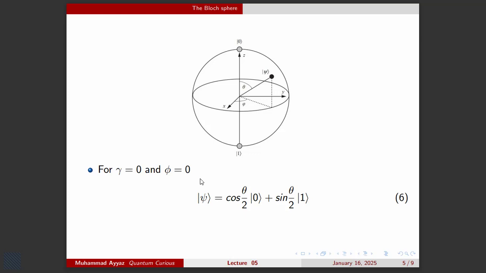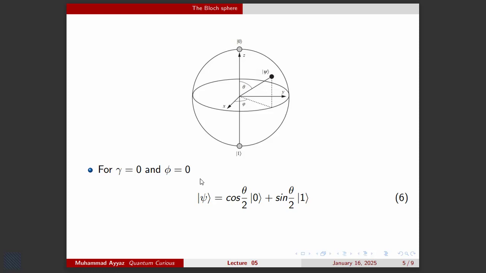Consider we have a quantum state with gamma equal to 0 and phi equal to 0. So we have this kind of quantum state in equation 6. How can we visualize this quantum state in the Bloch sphere? If we take phi equal to 0, the projection is parallel to the x-axis, and we have the freedom to take any value of theta that goes from 0 to 2 pi.